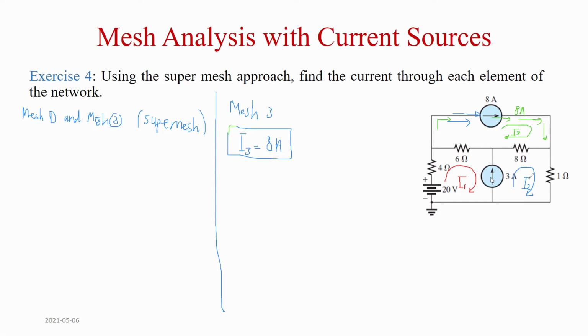Now we're going to do the mesh current for these two. So we're going to create two equations. One is the current source equation. The second one is the super mesh equation. So what is the current source? Look at this, it is 3 ampere going up. What is going in the same direction? It is I2. What is the opposite direction?